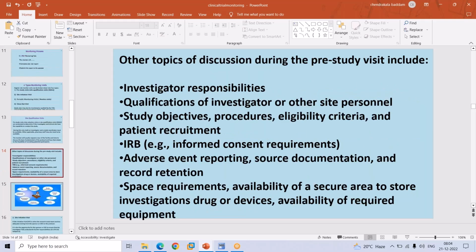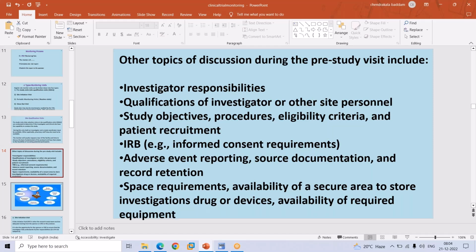So what are all the other topics to discuss during pre-study visits? The CRA will check the investigator qualification, investigator responsibilities, and other site persons like the CRC and lab persons.